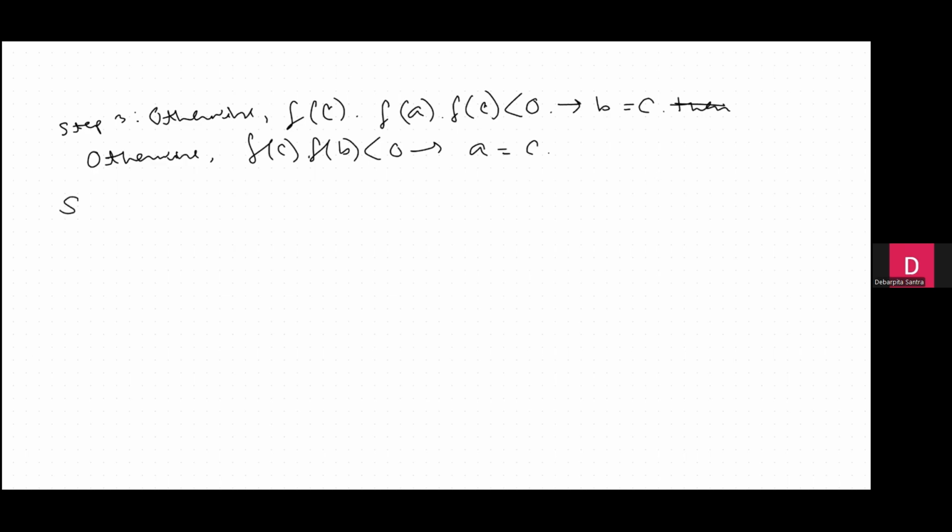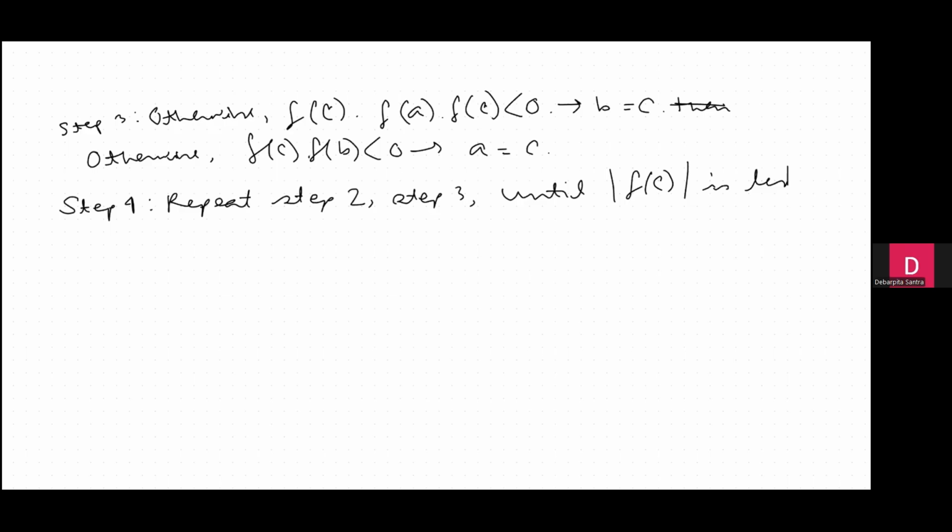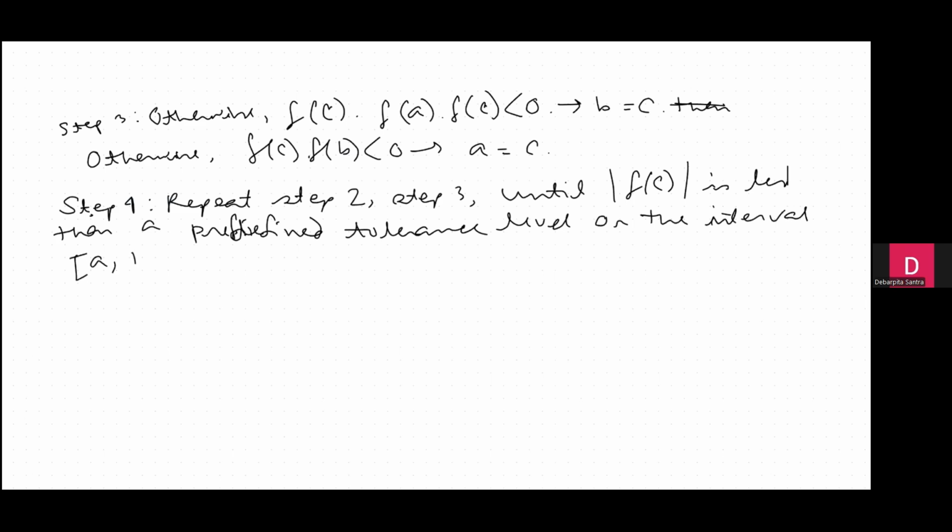And we have to repeat step 2, step 3, step 2, step 3 again and again until either the absolute value of f of C is less than a predefined tolerance level, that is, very close to 0, or the interval a, b is sufficiently small.